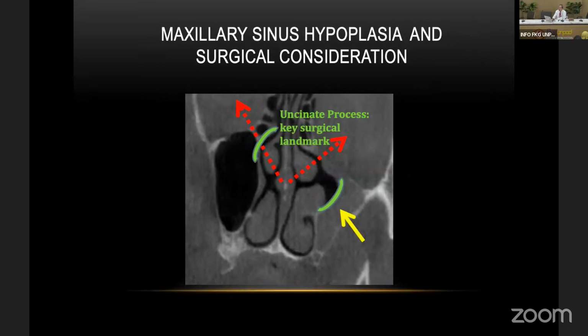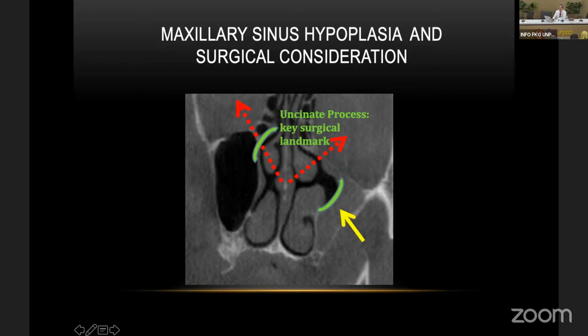Now, to know the sinus, normal sinus has a lot of clinical implication. For example, this is the right side, this is normal, and we have this bony structure which is called the uncinate process, between the nasal cavity and the sinus.